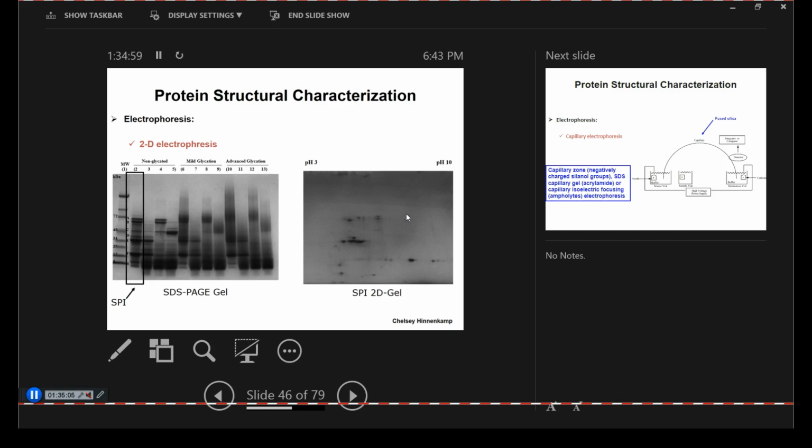So we were able to see multiple subunits when we did 2 separations. And this band here is basic subunits, because here's pH 10, so these are basic versus this is the acidic subunit of glycinin. We were able to differentiate the acidic from the basic subunits.